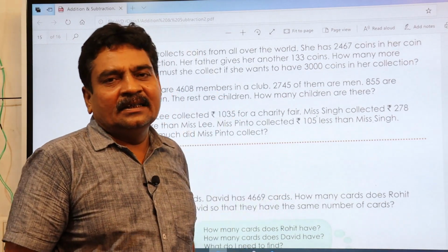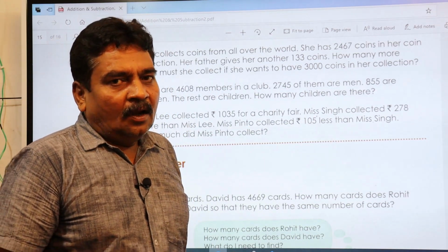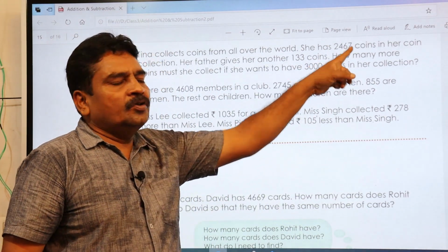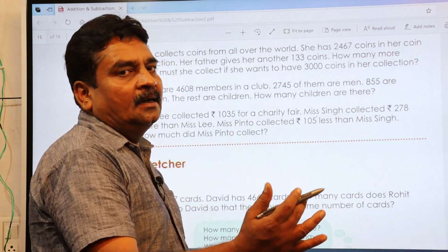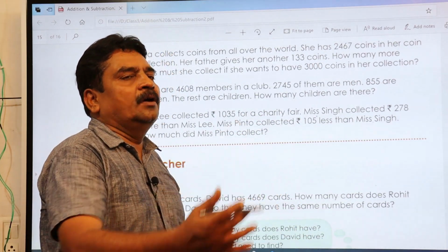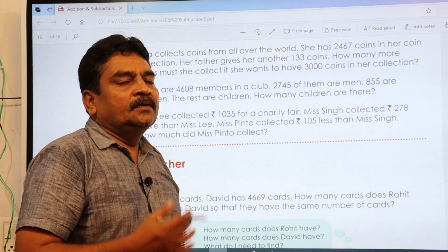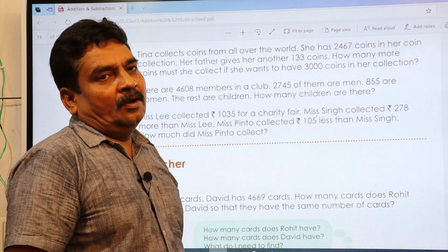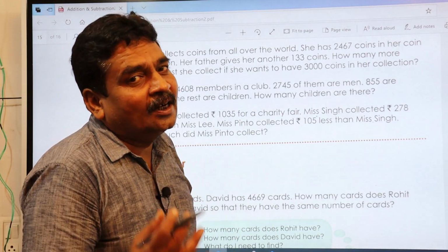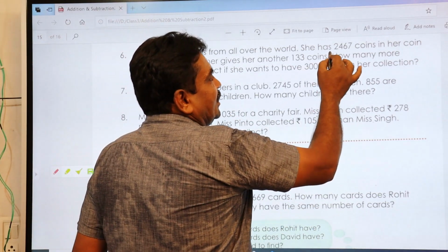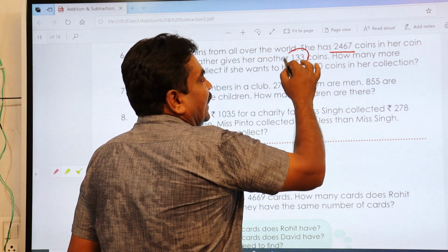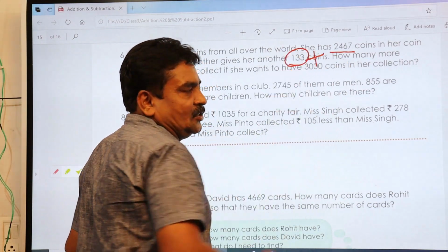So Tina is collecting coins. Already she has 2,467 coins and her father gave her another 133 coins. She wants to collect a total of 3,000 coins. So how many more coins does she have to collect? Whatever coins she has and her father gave, you have to add first.